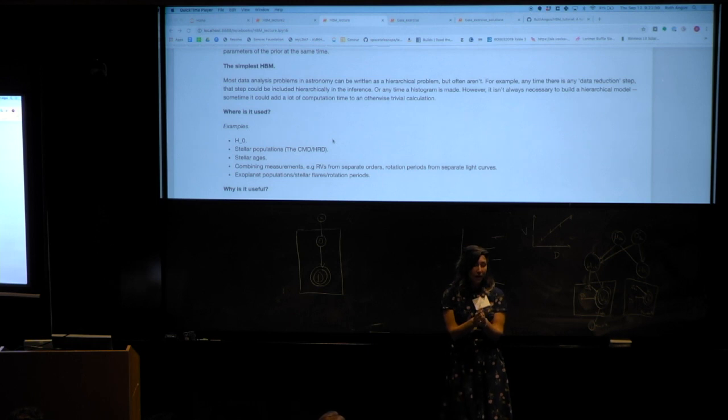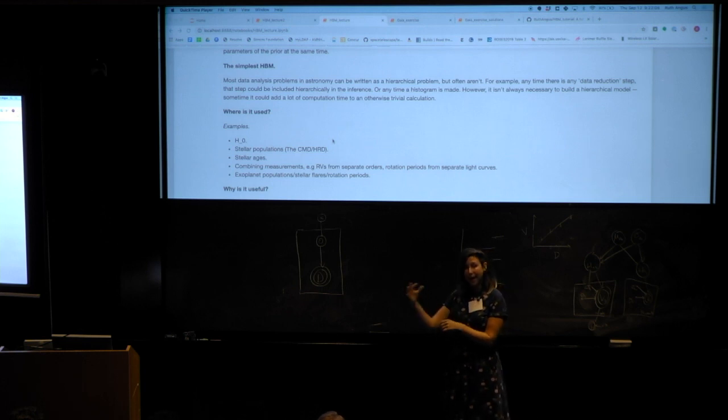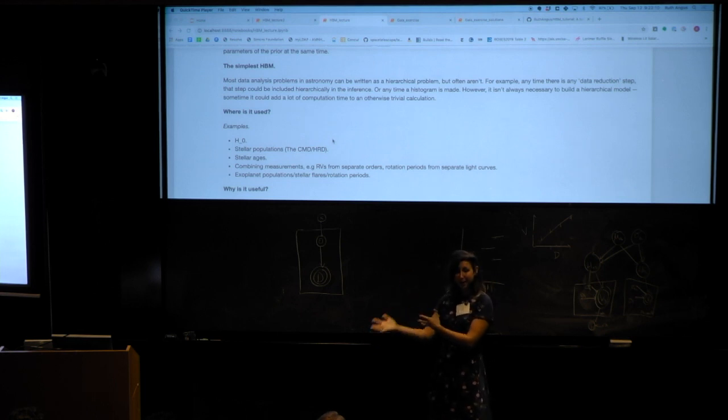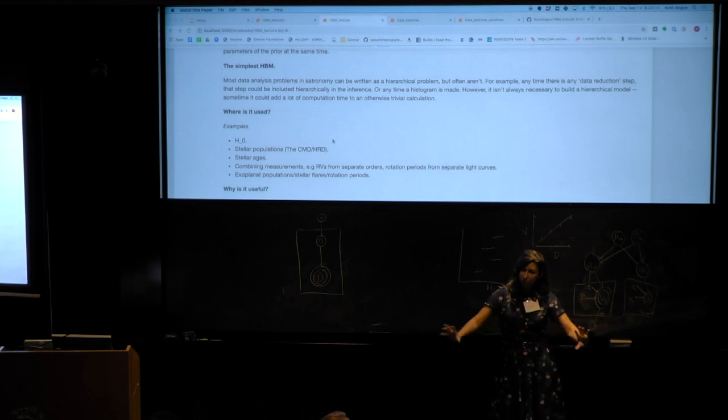If you use, say, a rotation period for a star, its position on the HR diagram, its abundances and its velocity, these are all age indicators. So we can use observables of all of these things to infer ages for our stars.